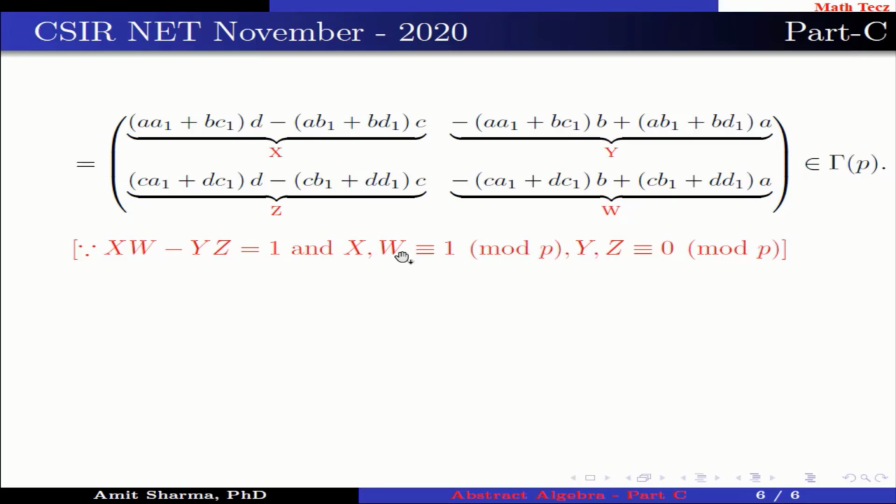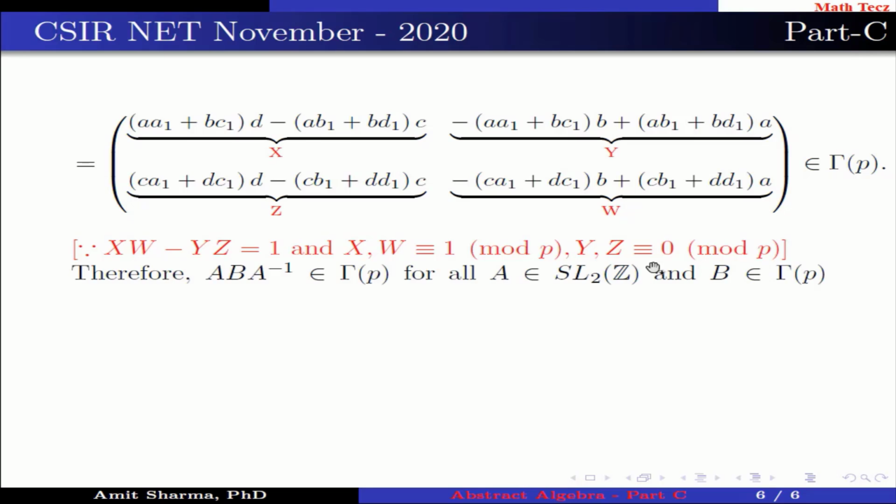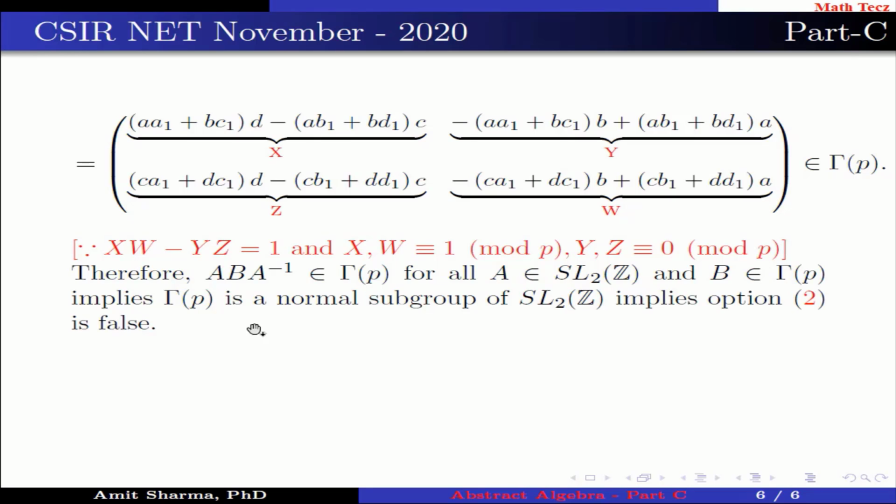Also, x, w are congruent to 1 mod p and y, z congruent to 0 mod p. Therefore, A B A inverse belongs to gamma of p for all A belongs to SL2Z and B belongs to gamma of p, implies gamma of p is a normal subgroup of SL2Z, implies option 2 is false.